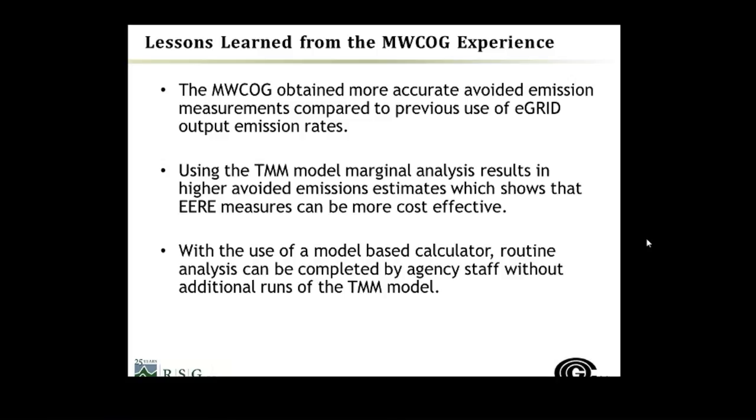That's not too difficult, but it could be a little challenging. But the challenge is more in determining how you allocate the savings between the thermal and the electrical part of the CHP project.